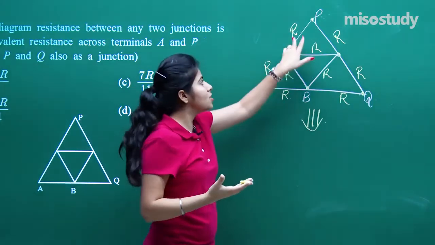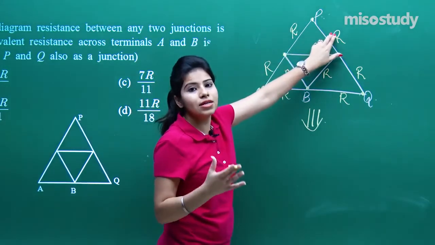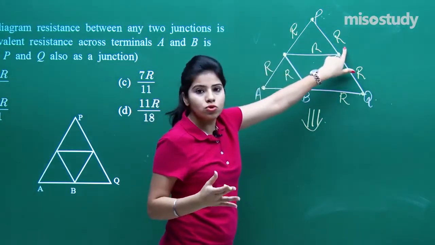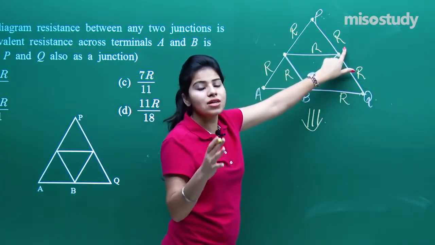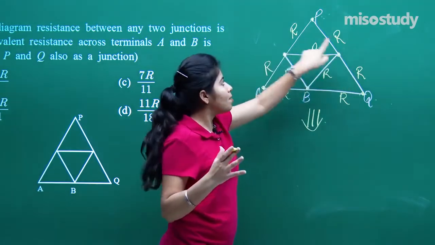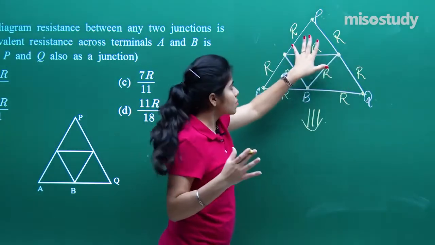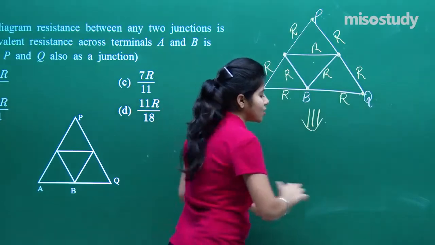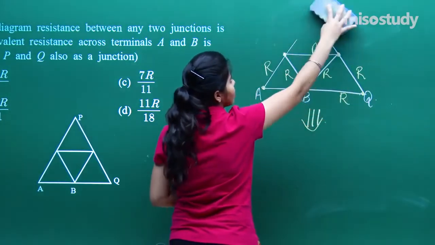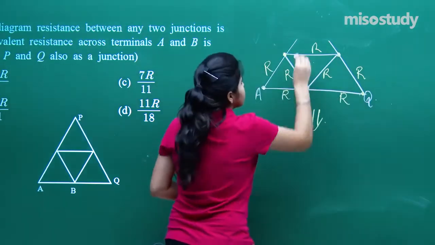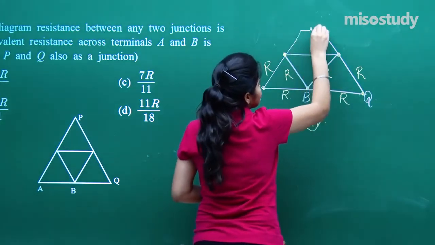So these two resistors are in series. R plus R equals 2R, because in series we just add them up. Now I will remove this, because it has become our 2R resistance. So that will be like this.